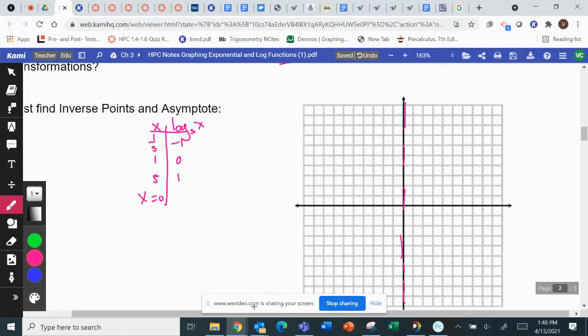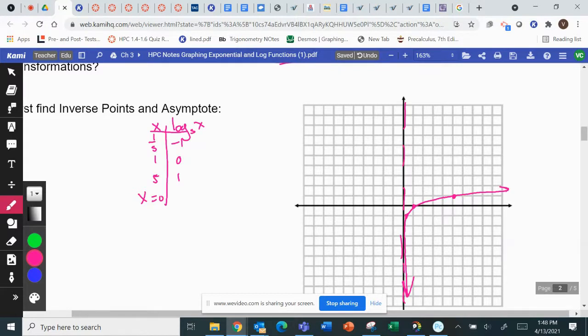And then I'm going to have 1/5, -1, 1, 0, and 5, 1. Okay.